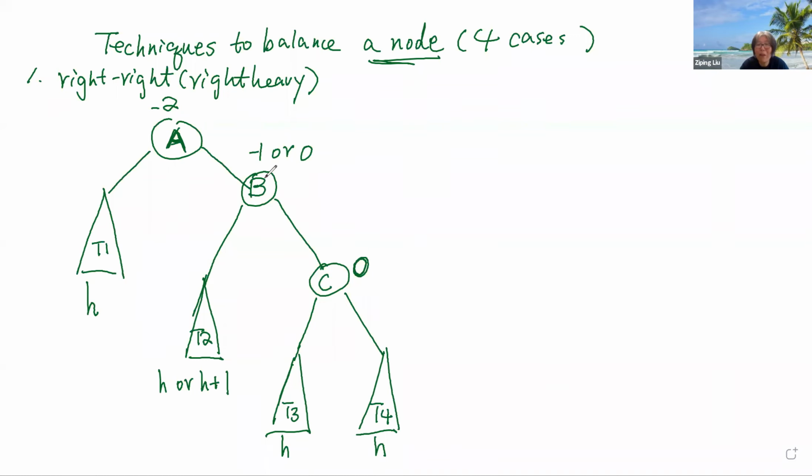For node B, its left part's height is h plus 1, and the right side is h plus 1 plus 1, which is h plus 2. And this is h, so that's why its balance factor can be -1 or 0.